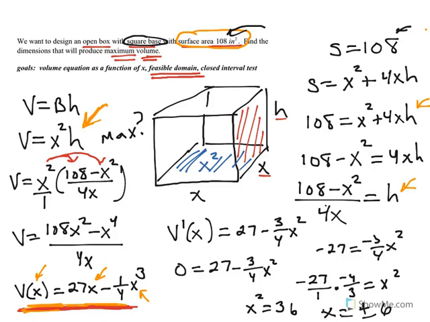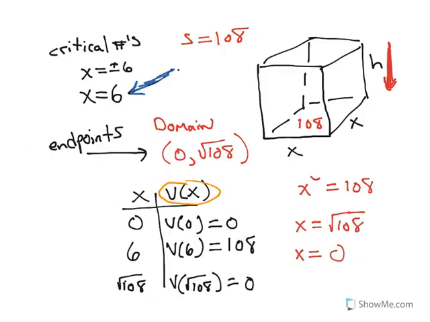You could also go back to the volume equation, and if you put the square root of 108 in there and actually calculate that out, that is going to get you 0. So we didn't get a min or a max at an endpoint, we actually got our max at the critical number. So when x is 6, you're going to maximize your volume.